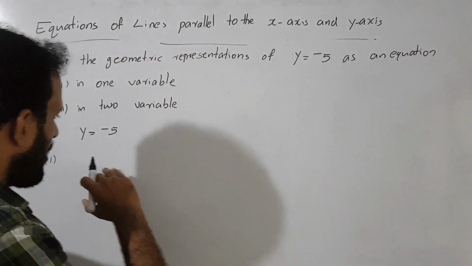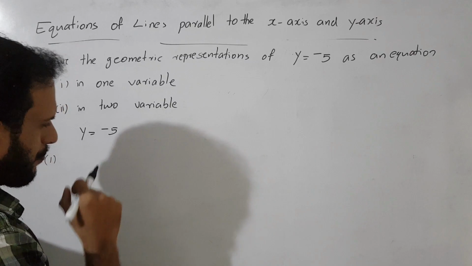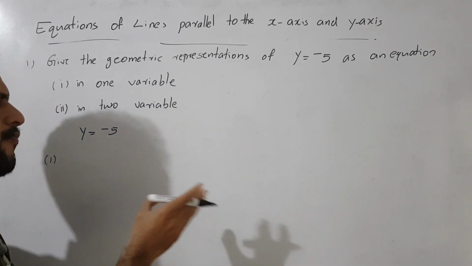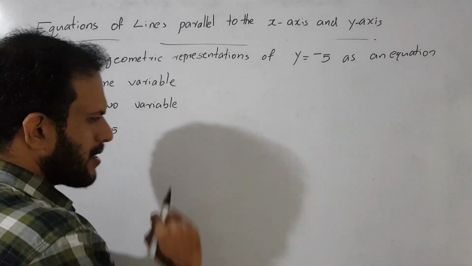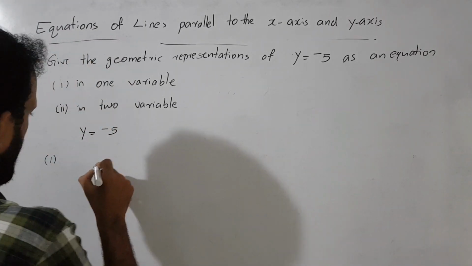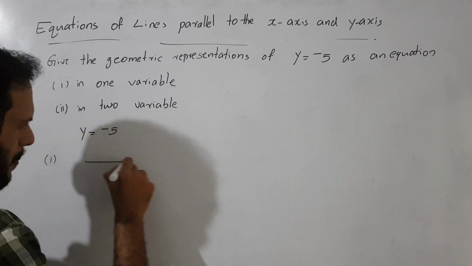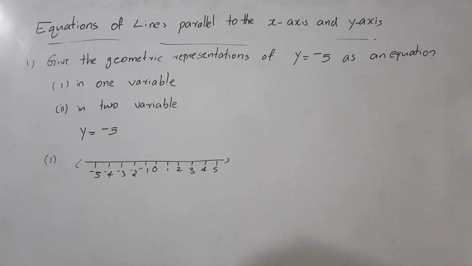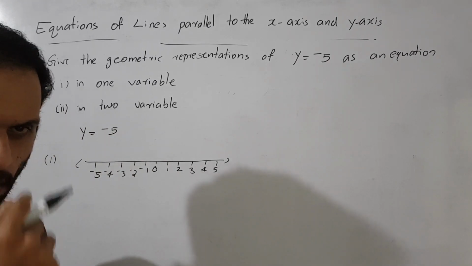We draw the number line like this or like this, because the y axis we represent vertically. Or if you draw it horizontally, that is also not wrong. Now I am representing it horizontally, so just draw the number line and 0. Then we construct a number line and mark the negative and positive numbers.